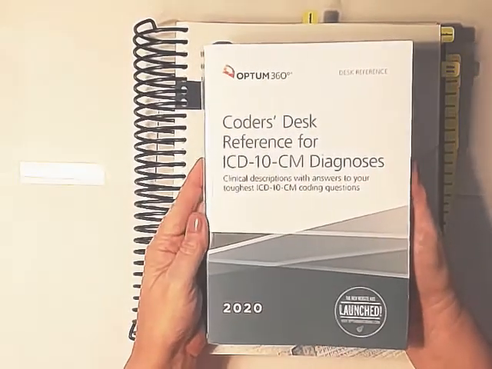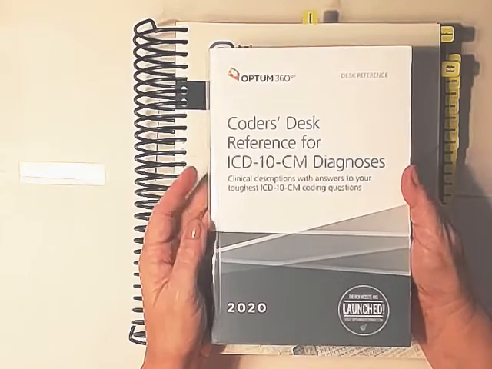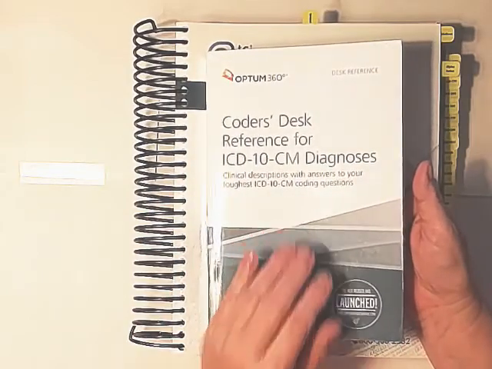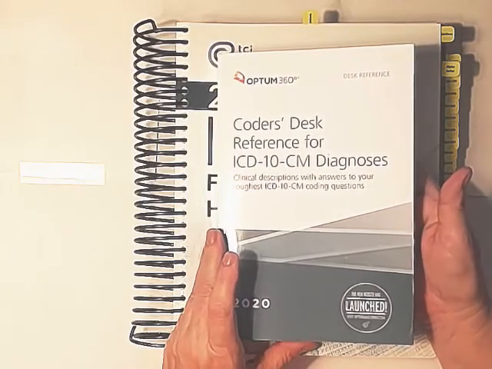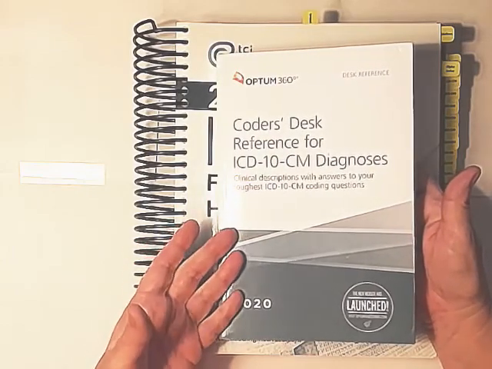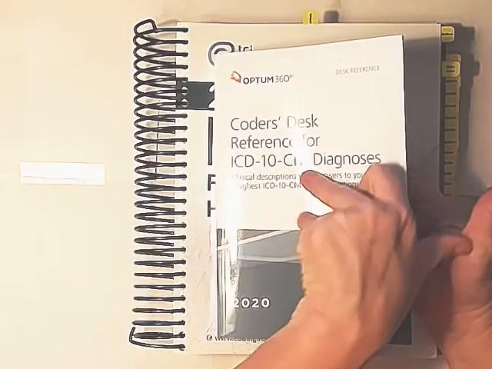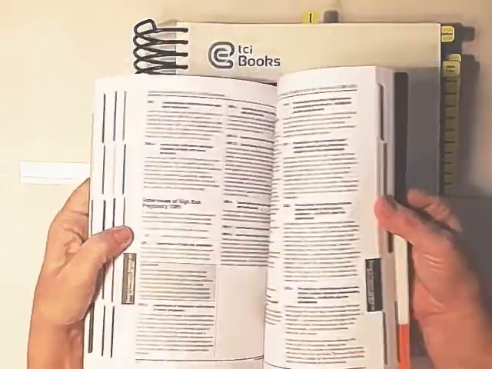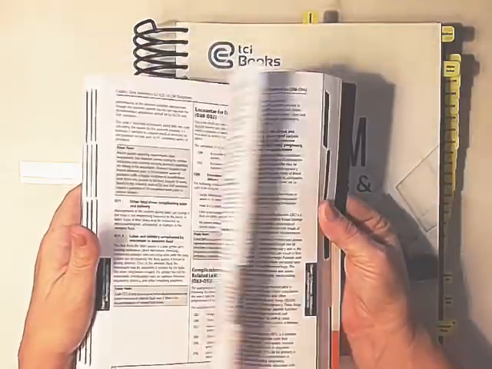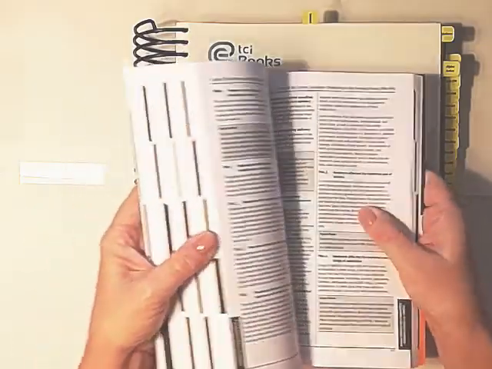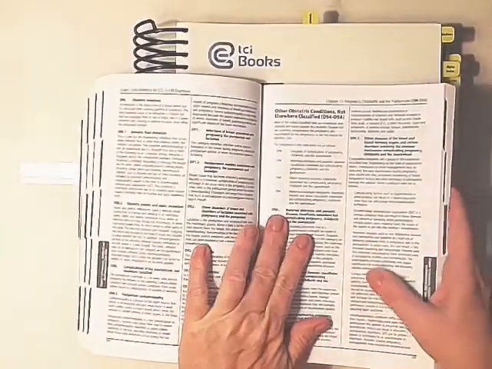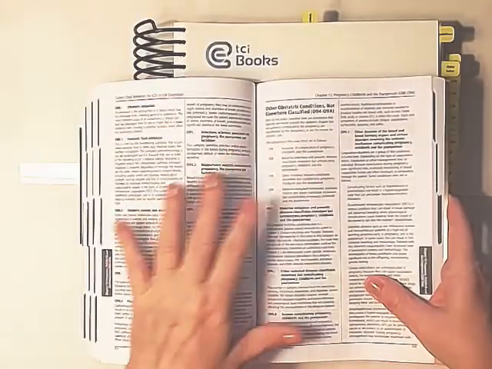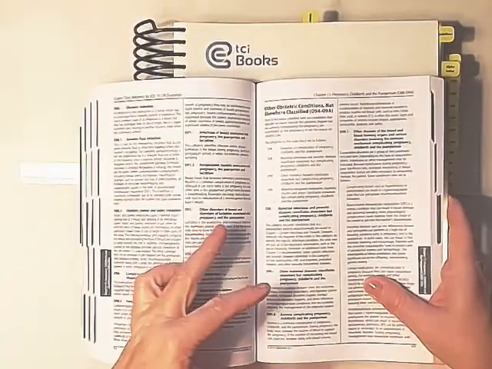Just like with the CPT manual, we had the Coder's Desk Reference. I have the Coder's Desk Reference for diagnosing. I find it very helpful. In fact, earlier when I said we had the 094 issue, the research I was doing to see how to use that code combined with a sequela, this is the first thing I did, was come here.